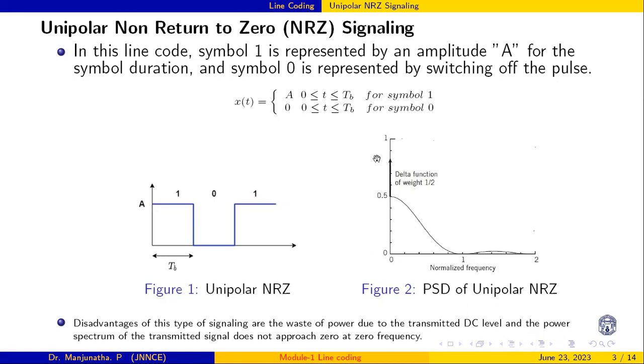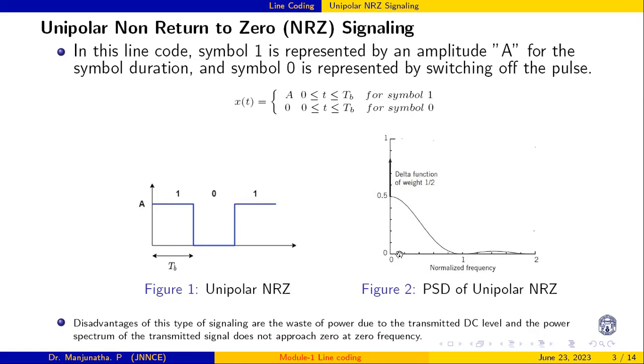And this is the power spectra of unipolar NRZ coding. The power spectral density is the plot of power with respect to frequency.